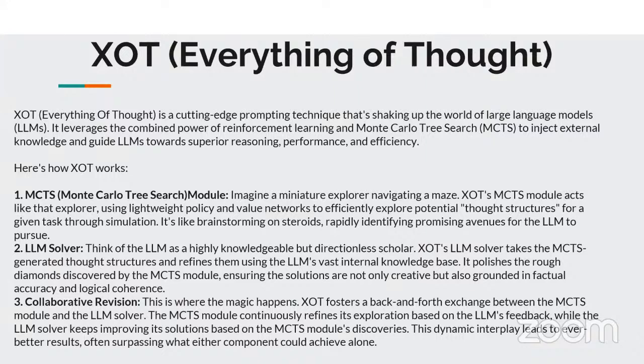This teamwork leads to better results than either could have achieved alone. So in collaborative reasoning, we have both Monte Carlo tree search and LLM solvers to achieve better results.